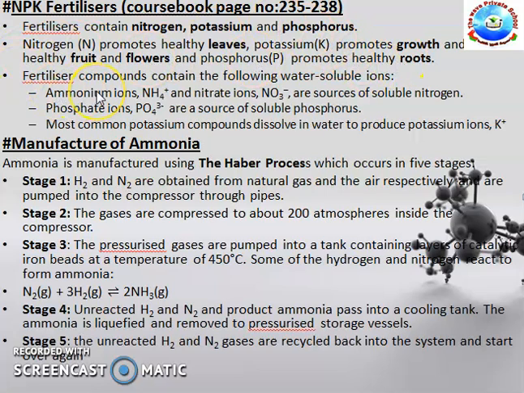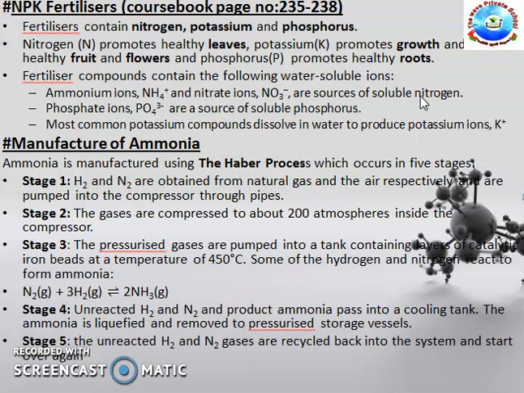Now in fertilizers, the compounds contain the following water soluble ions: ammonium ions and nitrate ions. They are a source of soluble nitrogen. So in nitrogen, the soluble sources are ammonium and nitrate ions.